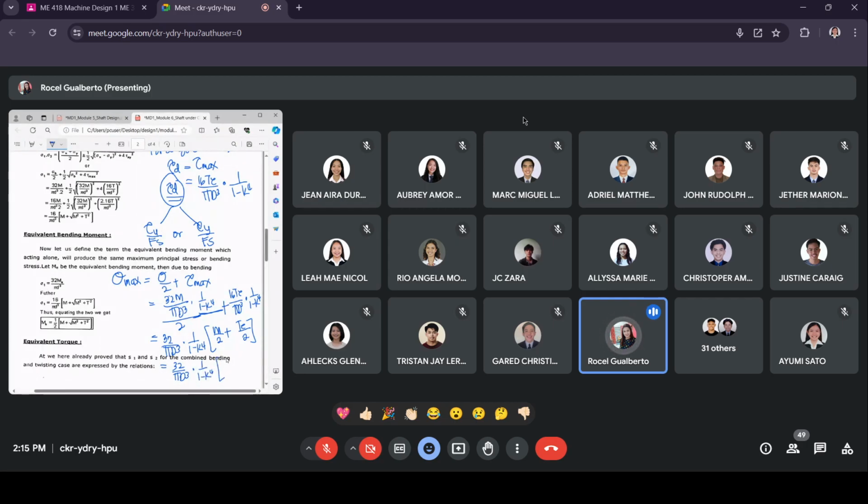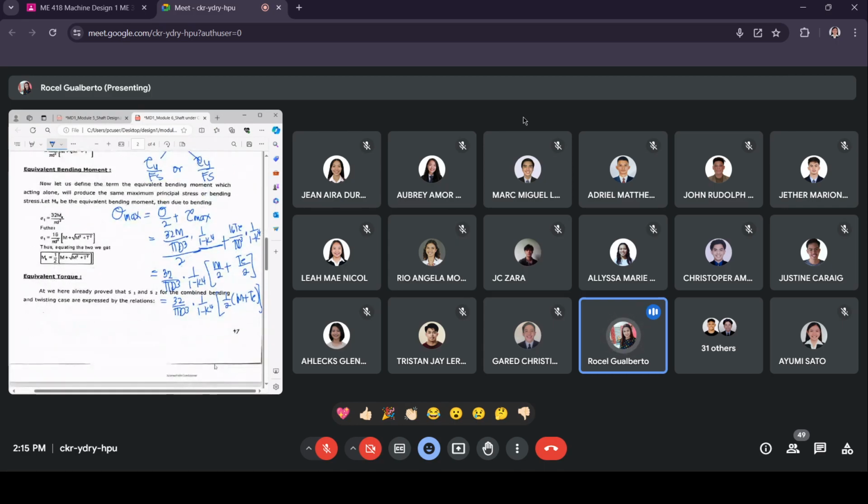This is equal to 1 half of the quantity M plus TE. We can also multiply by 4 in the denominator and factor 1 half out, making it negative 4.